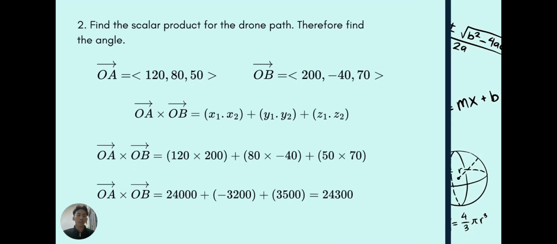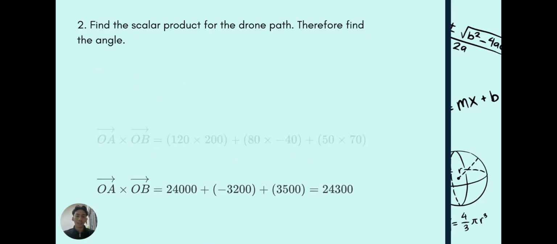Secondly, the question wants us to find the scalar product for the drone and the angle for it. Firstly, we find the dot product of OA vector times OB vector, and we will get 24,300.